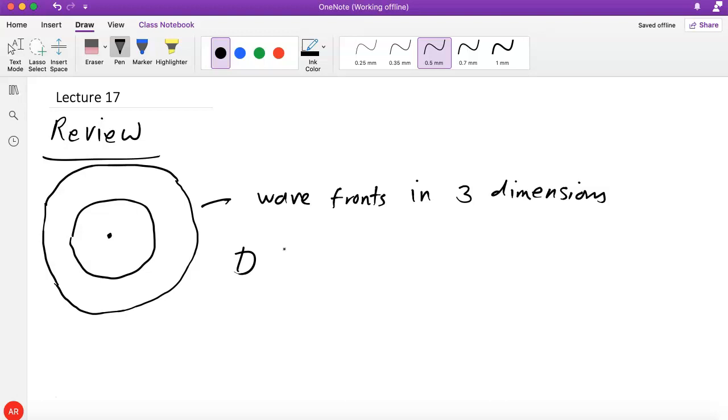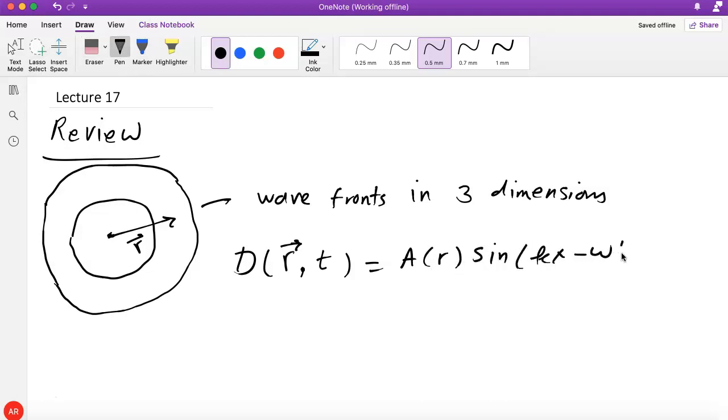Basically, whatever the quantity is that exhibits this wave-like propagation, at some point in space, represented by vector r, that we draw from the source of the wave to that point in space, and time t, we can write that quantity as a of r, which is a function of the distance, times sine of kr minus omega t, where r is just the length of that vector.